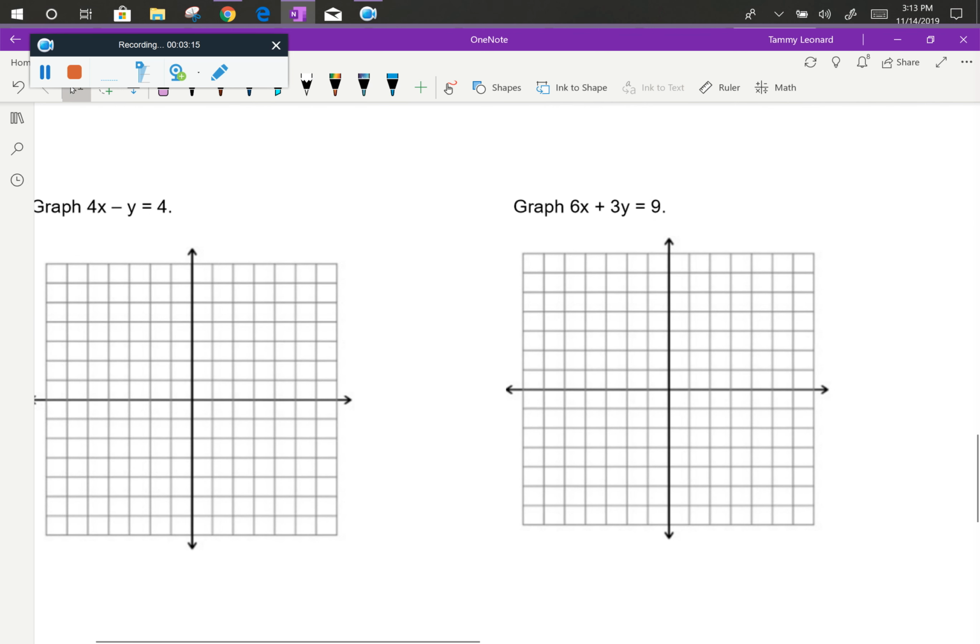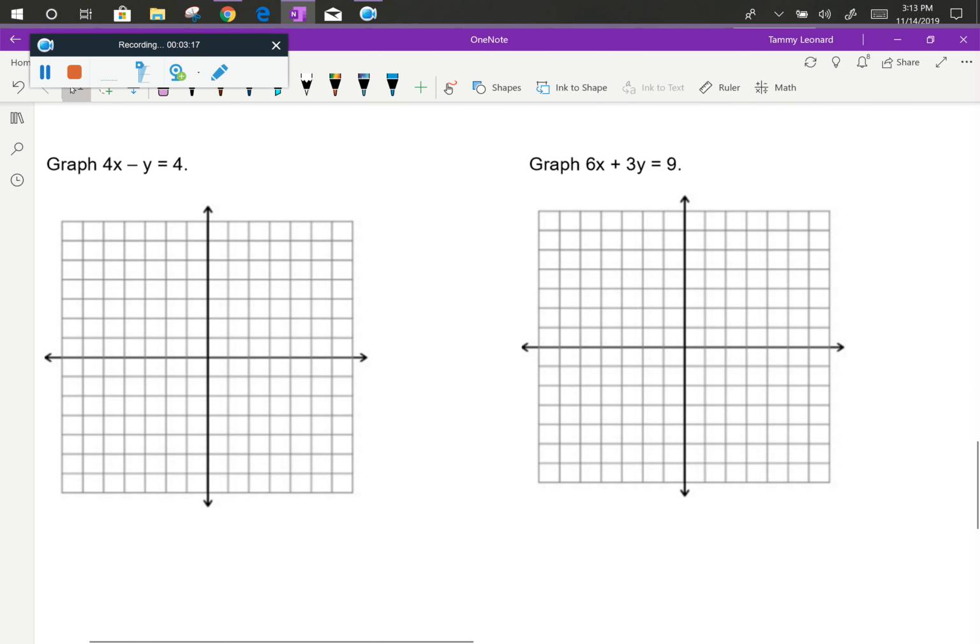All right, when I look at this next one, I see first a coefficient of 4, and 4 is definitely divisible by 4. And then I remember that that's a coefficient of 1, and everything's divisible by 1, so I can use that same table. If I put in 0 for x, I'm left with negative y equals 4.